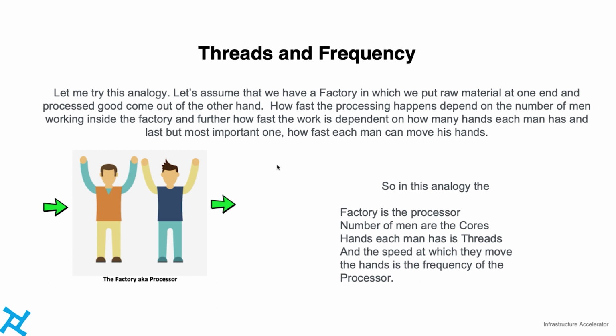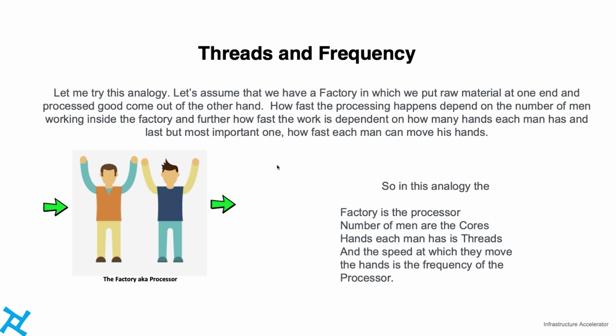And last but the most important, how fast each man can move his hands. So that is what is going to define how fast the processing is going to happen.